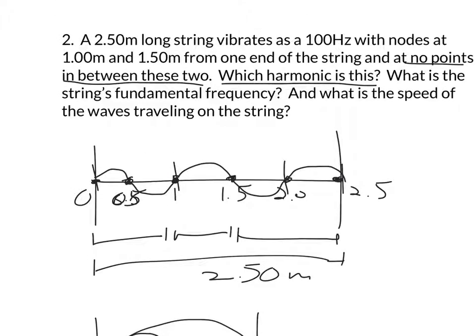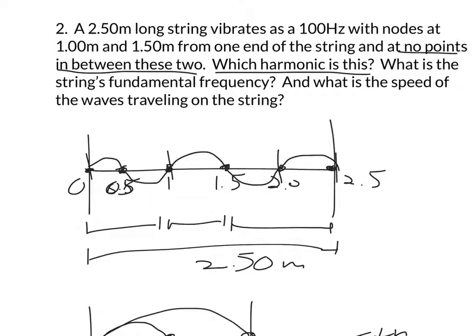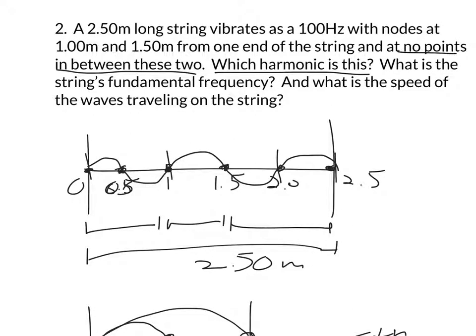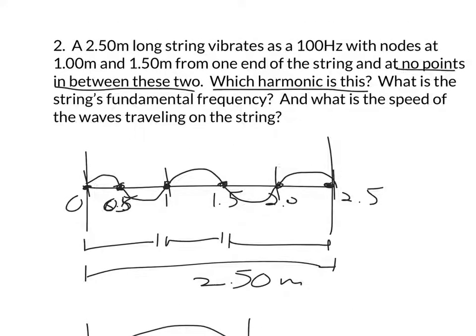Let's look again. What is the string's fundamental frequency? This is the fifth harmonic, and it's vibrating at 100 hertz. And so essentially you can do it like this. The fifth harmonic is 5 times the first harmonic, because every time you go up a harmonic, you go up by the first harmonic.